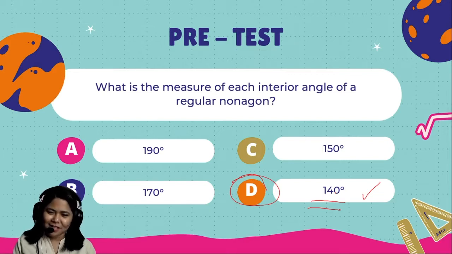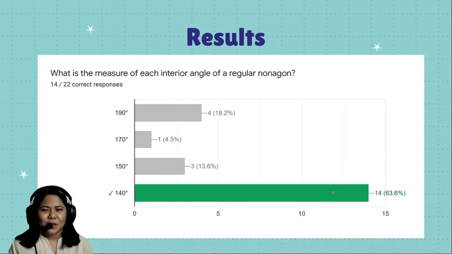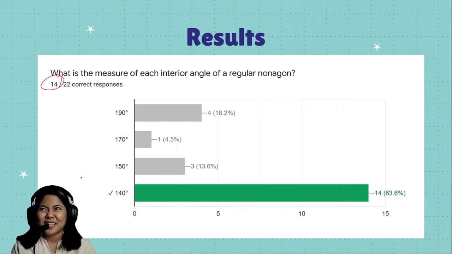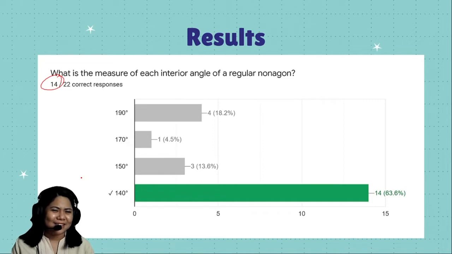Tignan natin ang results from the Google Forms. Alright, out of the 22 students na nag-take, 14 of them got it correctly. Nice naman. So, ibig sabihin, dun sa 22 yon, more than half of them know the correct answer. Okay? So, kahit pa paano, nagkakaroon tayo ng pag-asa.